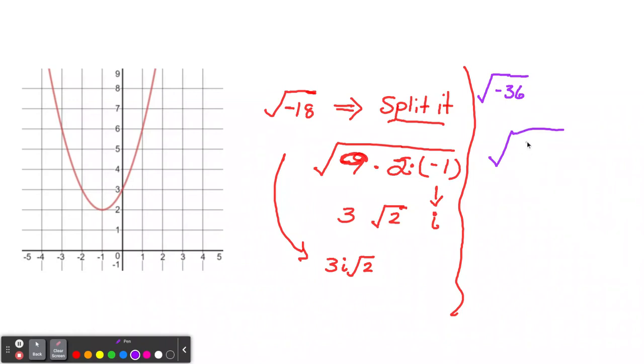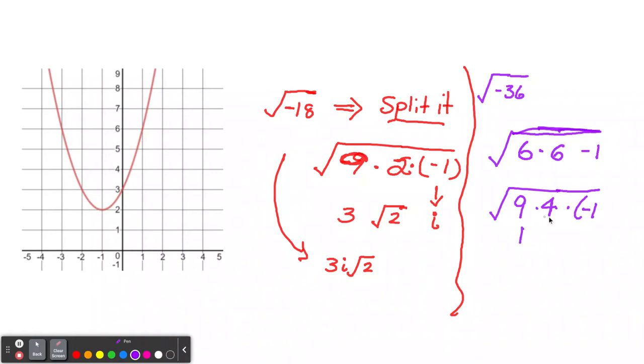Well, we have the square root of 6 times the square root of 6, and then we have the square root of negative 1. Or is there something else we can use? Always try to see if you can get a constant out of it. Well, this we won't get a constant, but what if we did the square root of 9 times the square root of 4 times the square root of negative 1?